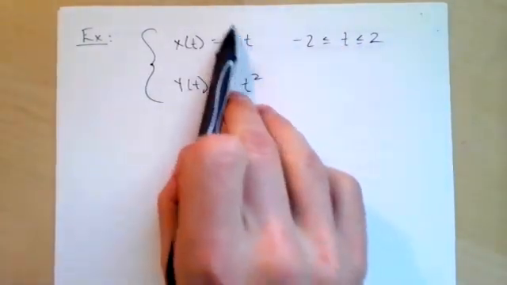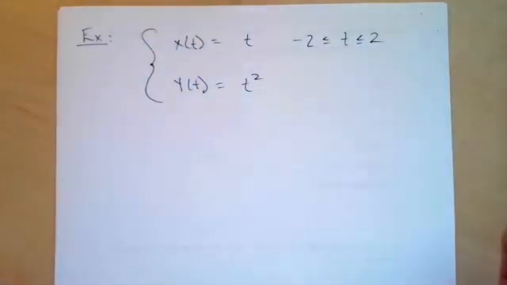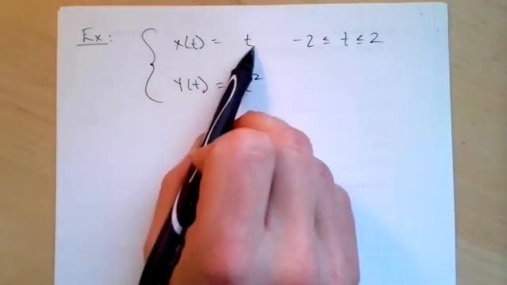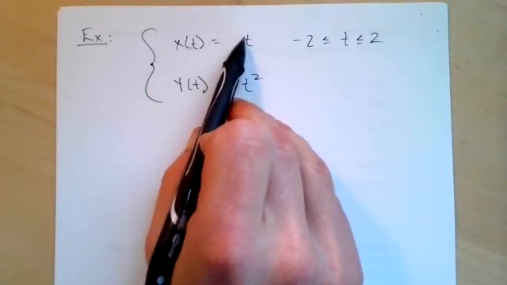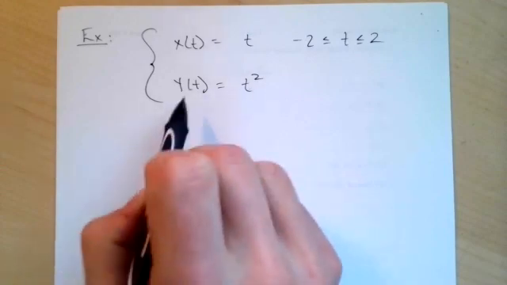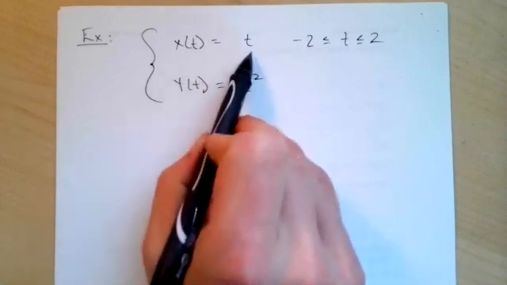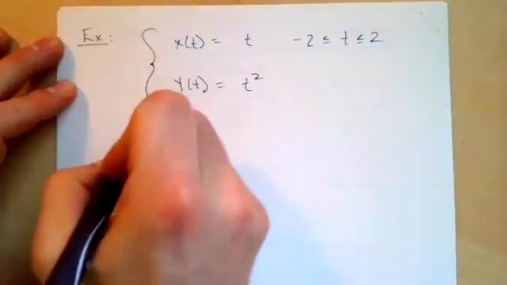Well, sometimes with parametric equations, we can recover a closed form expression in terms of functional notation. We can write a function y as a function of x in something like this. So, right, if we consider x as t and y as t squared, well, if x is t, we could substitute x in for t in the y. So you should get the sense that this is just y is equal to x squared. But now what does this mean in terms of the parameterization?